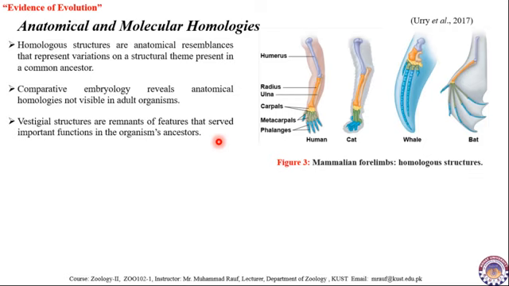So these are the processes which signify the fact that these organisms have a common ancestry. Another example is the genetic code, which is universal.